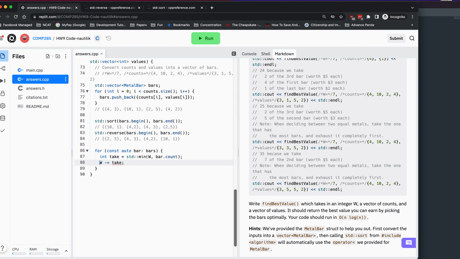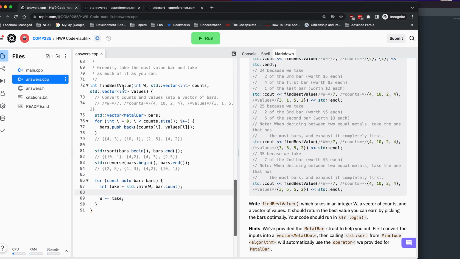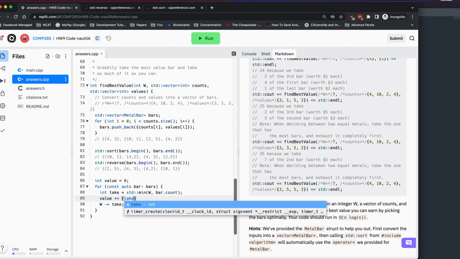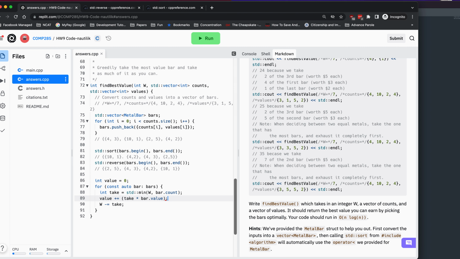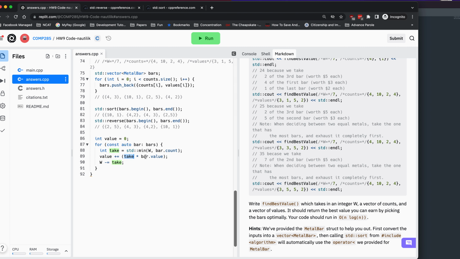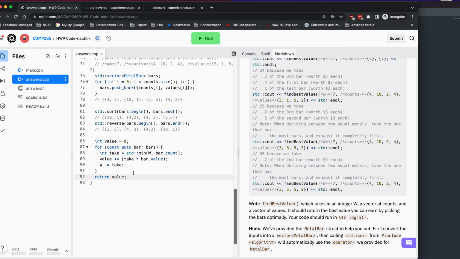So from W, we're going to subtract that many. And what we want to do is find the best value. So value starts at 0, and we would say value plus equals: we took this many, and each one is worth this much value. So we add that to our total value, and then at the end, we return the value.